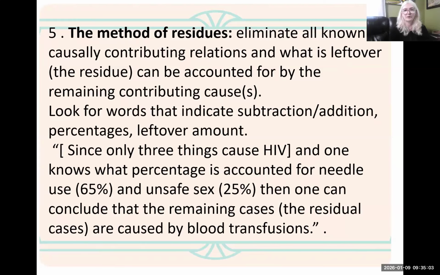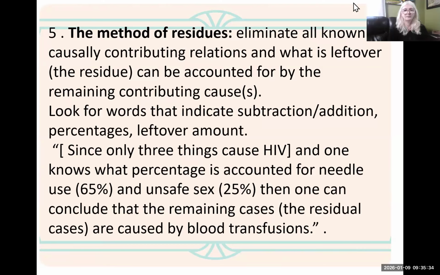Last one is the method of residues. This is the one in which you eliminate all known contributing causal relations, and what is left over, what is the residue, can be accounted for by the remaining known contributing causes. For this one, look for words that indicate subtraction or addition, elimination, percentages, or what means residue or leftover amount.